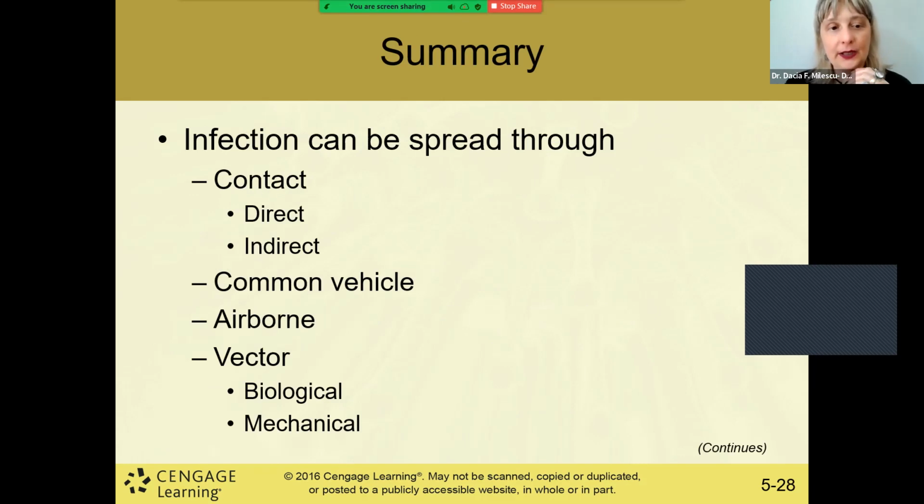So to summarize, we discussed direct contact, indirect contact. We discussed what indirect contact means, like, for example, the mosquito carrying a disease, the common vehicle, whether it's airborne, and the vectors, whether it's biological or mechanical. Mechanical was the example of the fly.